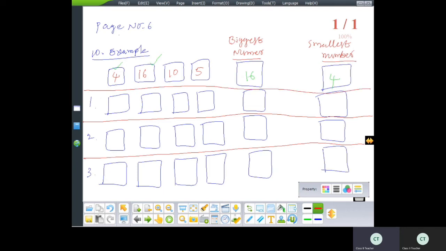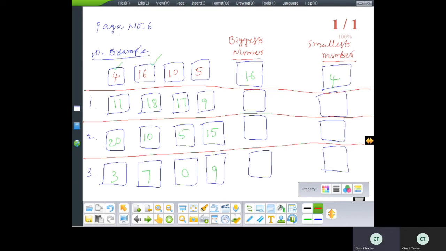Hey students, now question number 1. Given numbers are 11, 18, 17, 9. Question number 2. 20, 10, 5, 15. Question number 3. 3, 7, 0, 9.